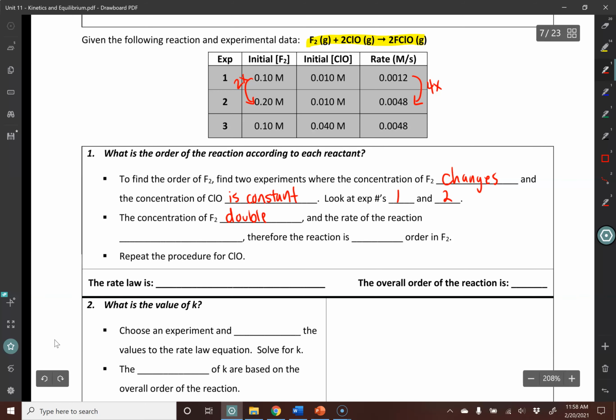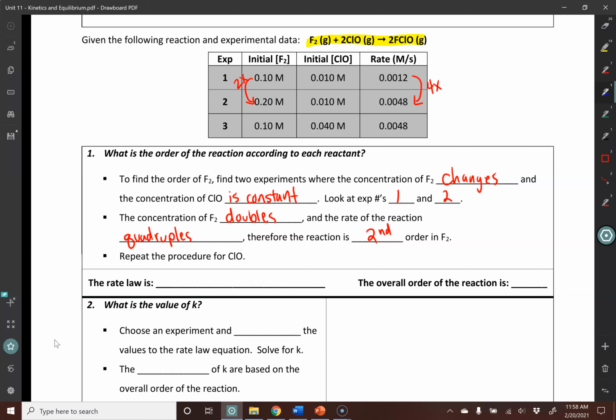The concentration of F2 doubles, the rate of the reaction quadruples. So which order does that sound like? 0, 1, or 2? Yeah, this is a second order reaction in terms of F2.